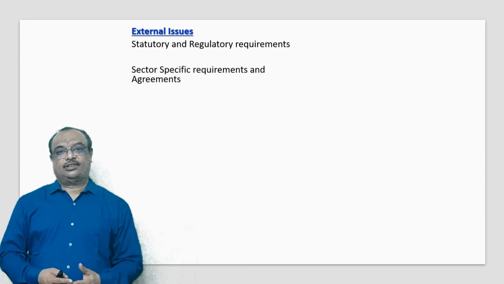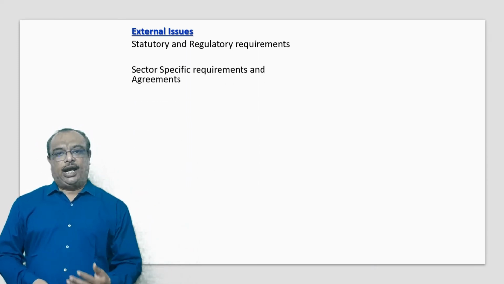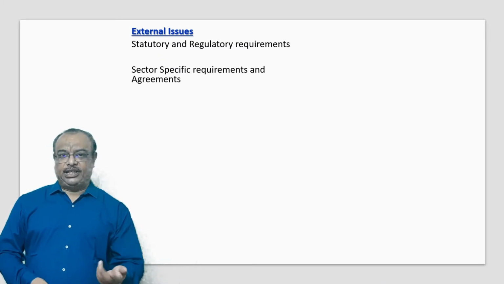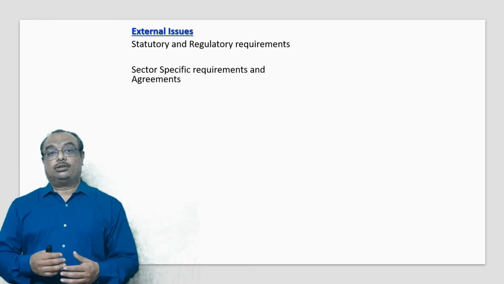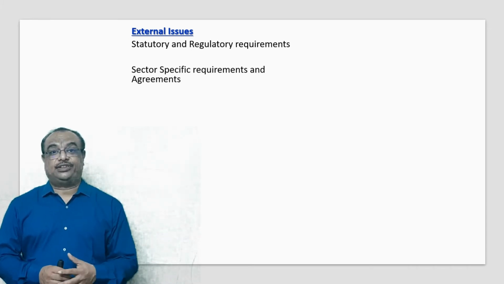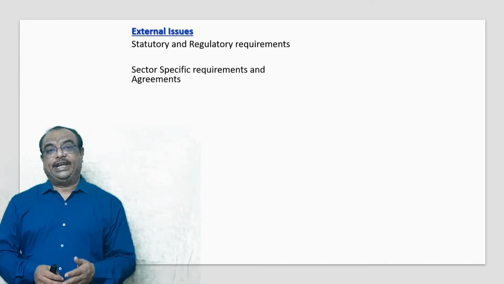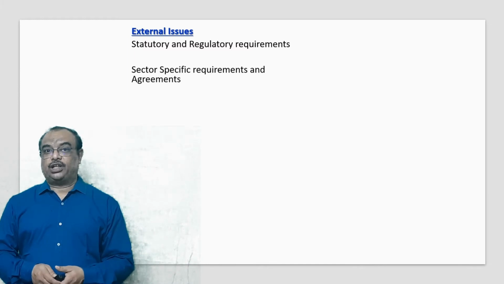Some sectors, like the food industry, the automotive industry, and other industries like the medical industry, all have their sector specific requirements. So the organization has to understand and determine all the requirements and the strategy for how to mitigate or achieve all those. It is very important for an organization.